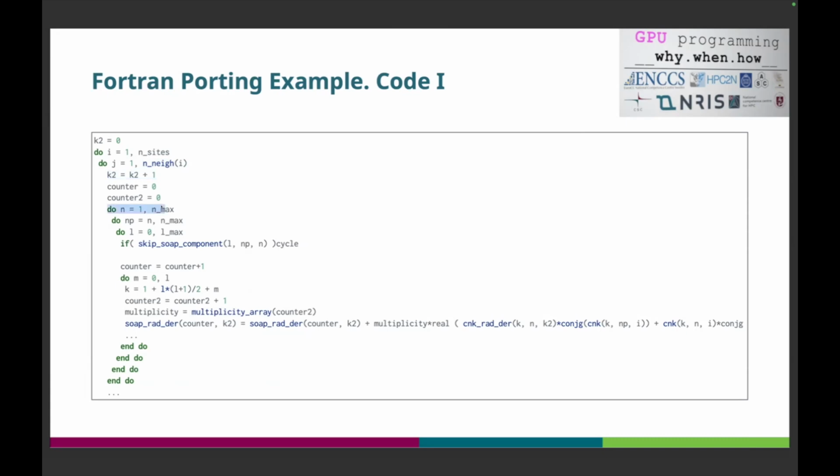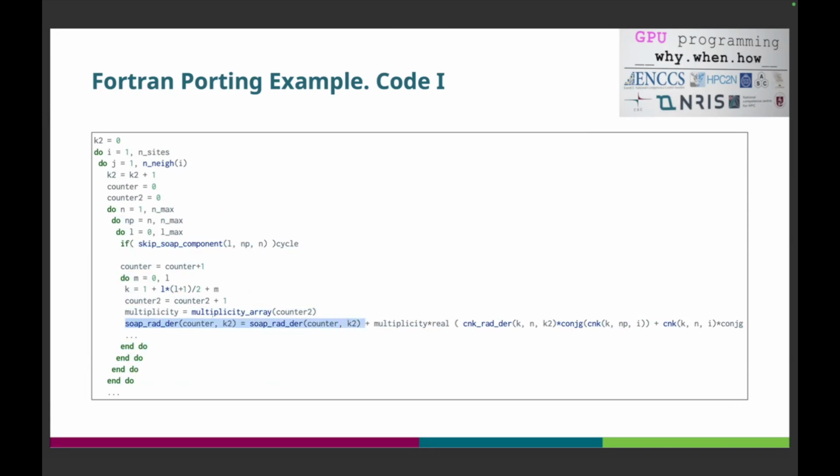First step of the loop, for each pair ij, which gives index K2, we see that we have these 4 nested loops. And when you look at what they actually do, it's a summation.